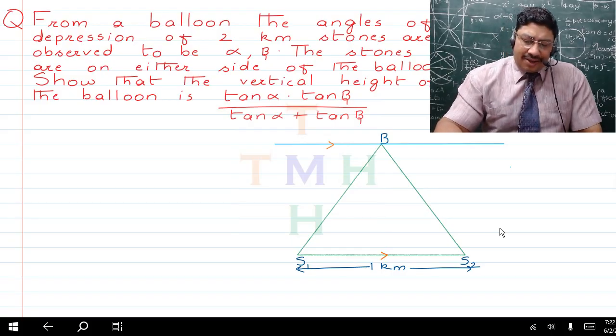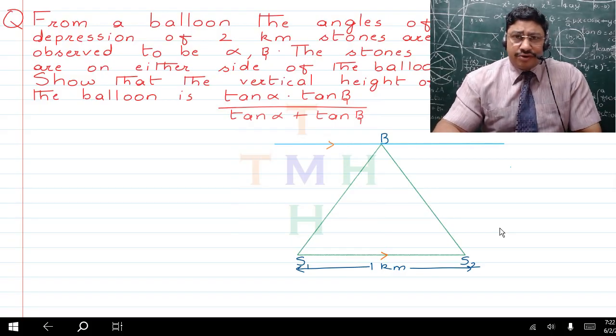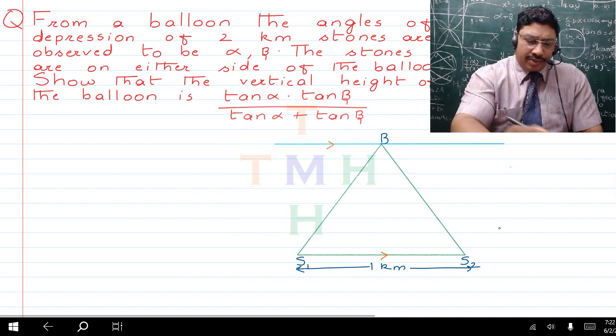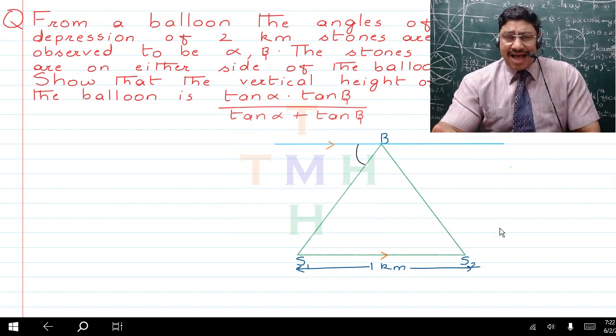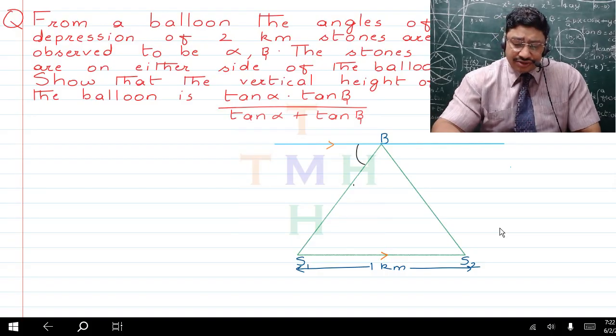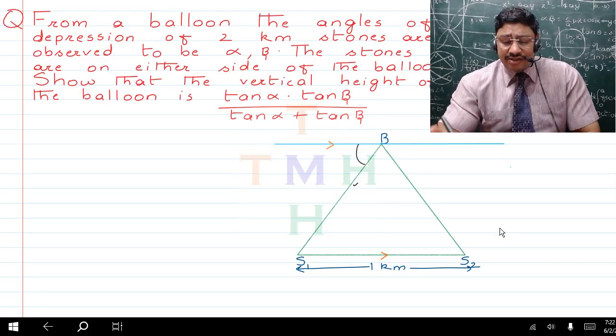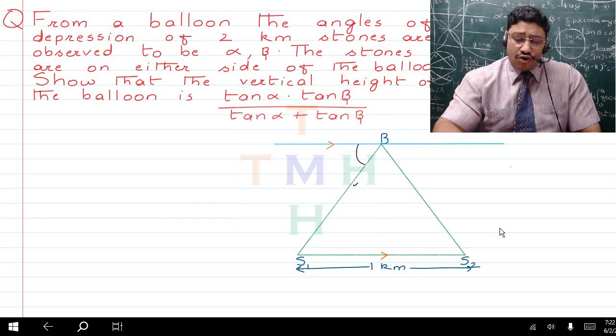Okay, now as the first angle has been given to you to be alpha, here we can mark alpha to be the angle of depression, as remember the angle of depression is the angle between the line of sight, that is this straight line, and another straight line which is drawn from the eyes of the observer parallel to the horizontal, right?